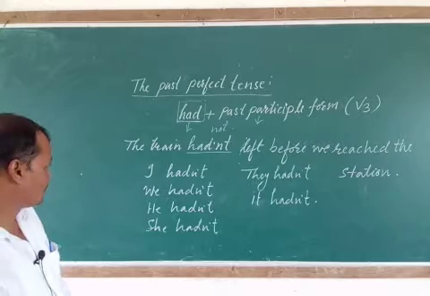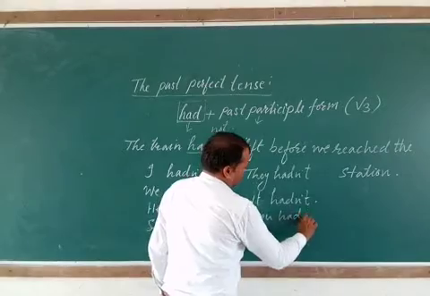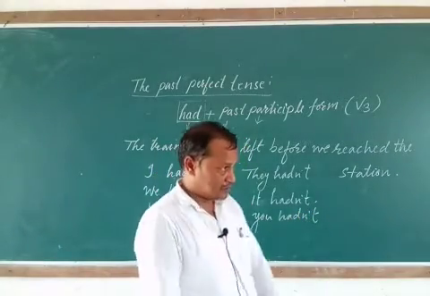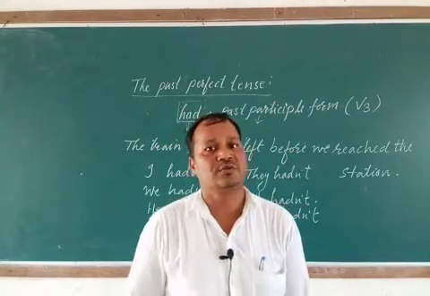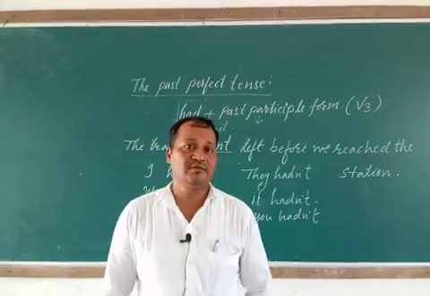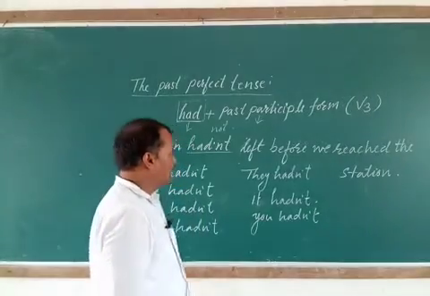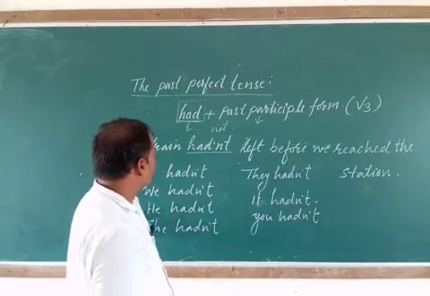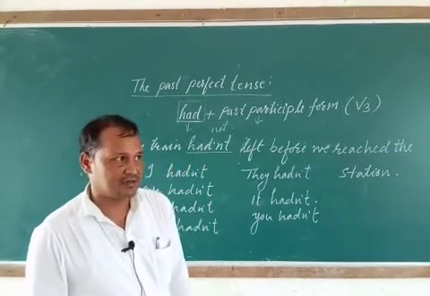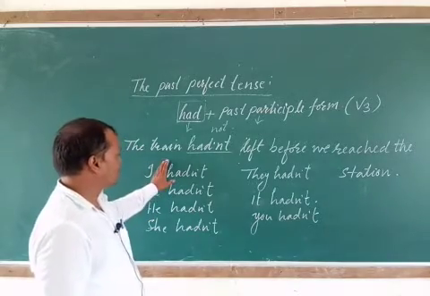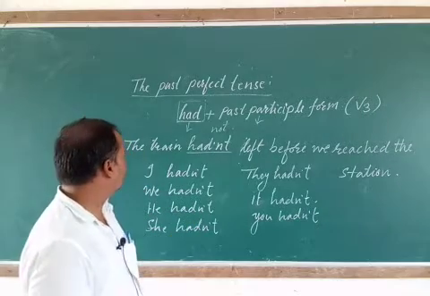These are the forms of contraction. You hadn't. While speaking English we use contraction, while writing English too we use contraction, but it is always seen that while speaking we use contractions much more. So these are the contractions which we use. Means had not is hadn't. The short form of had not is hadn't.